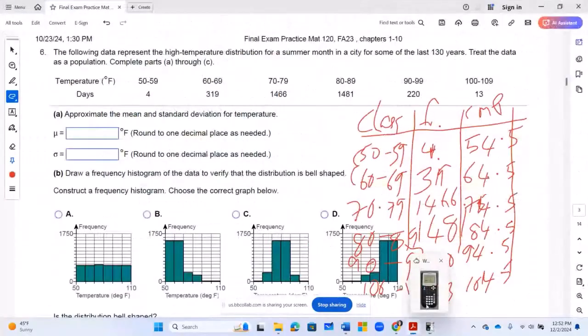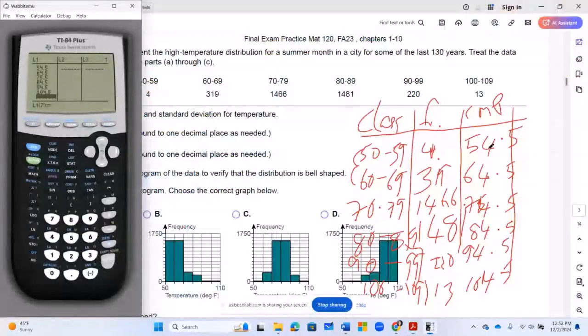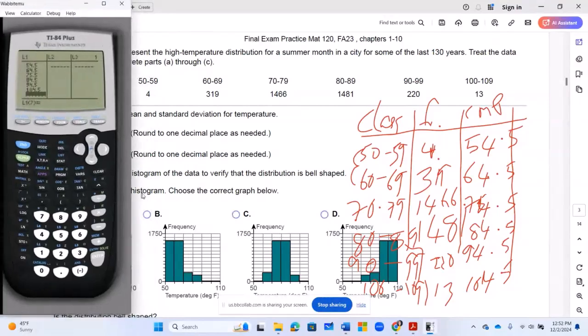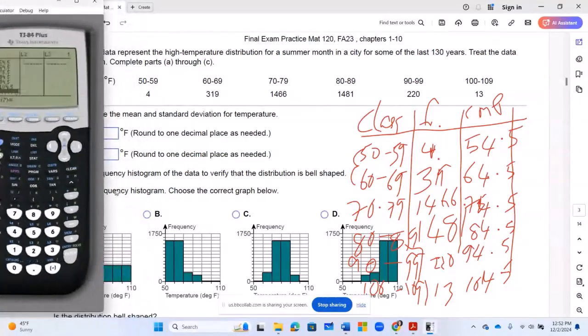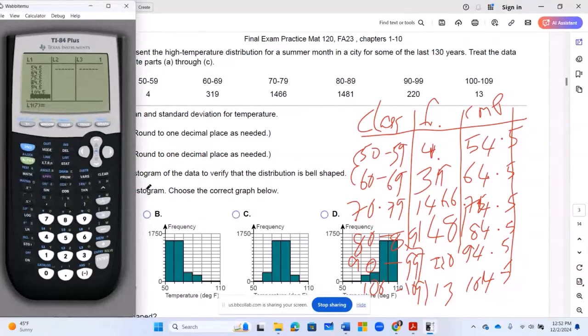Do I have 6 class midpoints? I'm going to check too. 1, 2, 3, 4, 5, 6. It doesn't hurt to check all these things because if you miss anything now, no matter how accurate your calculation is, it's still going to be wrong.